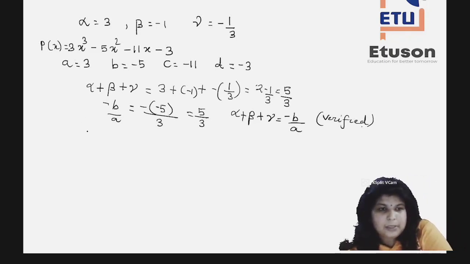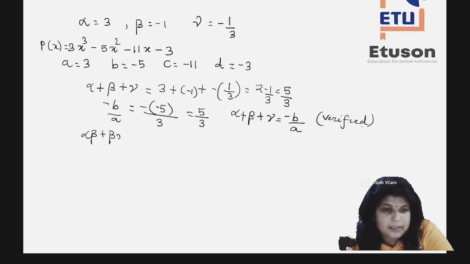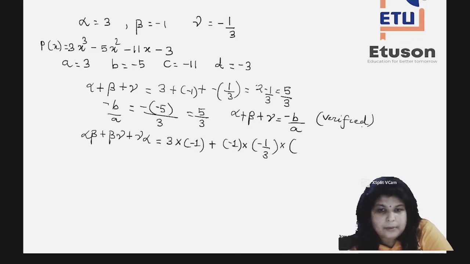So now let us take the next relationship. What is the next relationship? We have to find alpha into beta, beta into gamma and gamma into alpha. So 3 into minus 1 plus minus 1 into minus 1 by 3 plus gamma into alpha. So that is minus 1 by 3 into alpha.